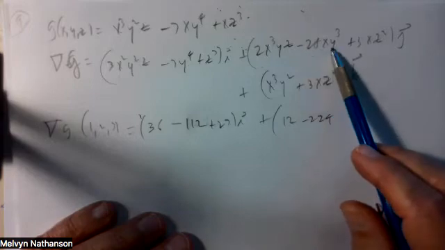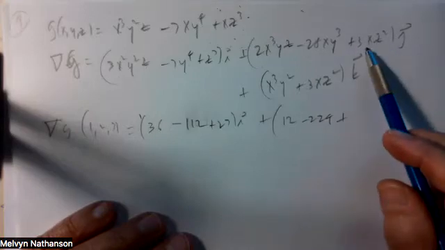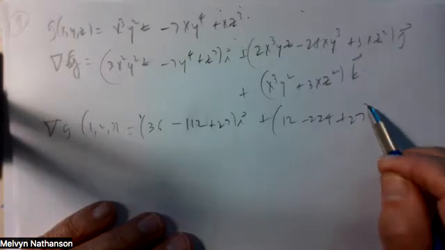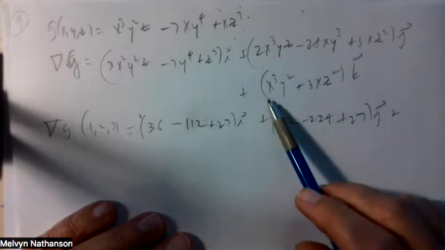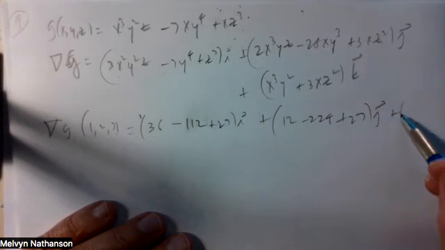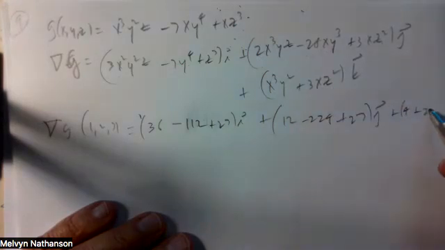Okay. 28 times 8 is, I think, 224. Okay. And 3 x z cubed, x is 1, z is 3. So this is 3 times 9, or 27. And for this is 1 times 4 plus 3 times 9.